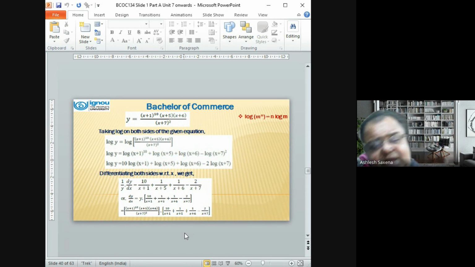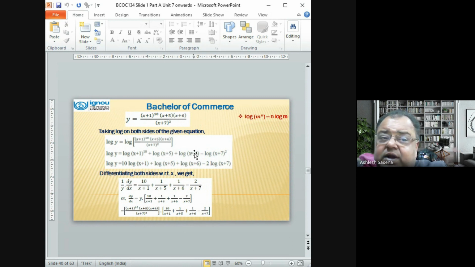Now you can see that in the numerator there are 3 brackets, and in the denominator we have a single one. So when we apply log on the right hand side, these 3 are in products, so we write first as it is, plus log of second, plus log of third.